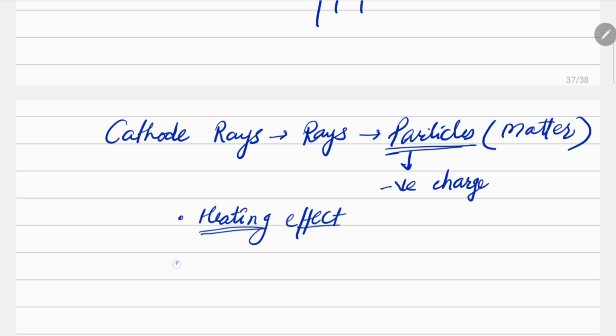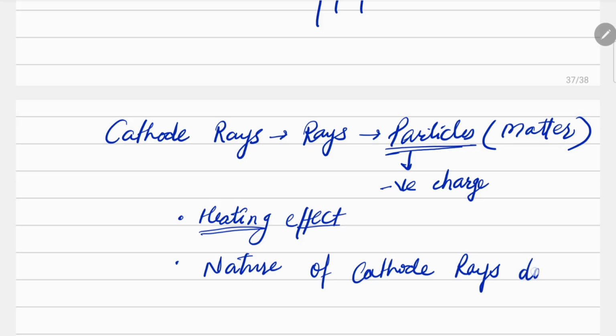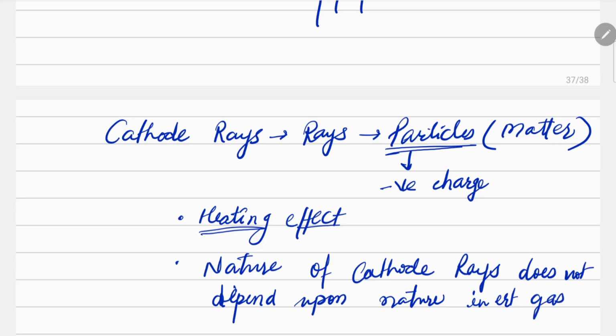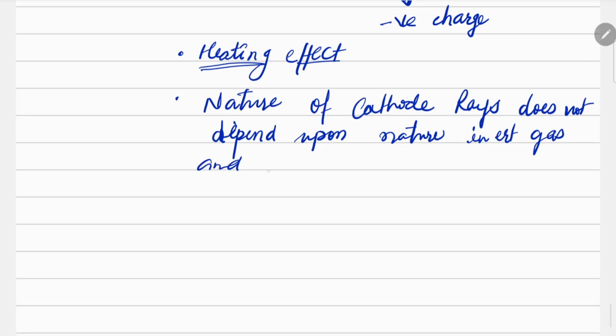Okay, one more thing you have to remember, the nature of cathode rays does not depend upon the nature of the inert gas which was taken in the cathode ray tube, and the nature of the electrode.